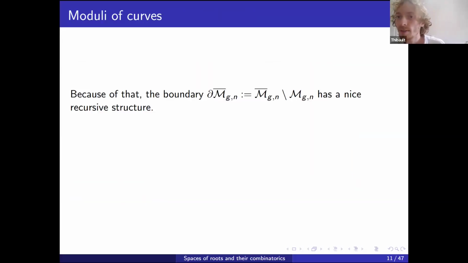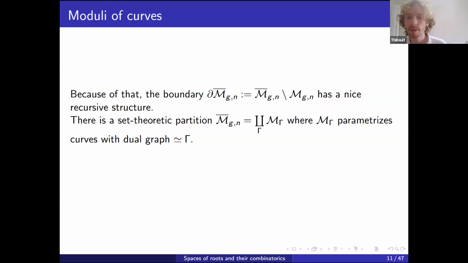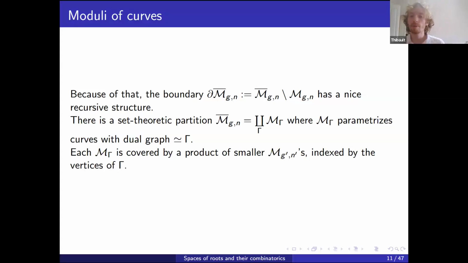And this means that the space parametrizing stable curves, MGN bar, has some sort of recursive structure, right? If I look at the boundary, so the set of curves in it that are not smooth, it's partitioned by graphs, right? I can look at the subspaces in MGN bar where the dual graph is of a fixed isomorphism type. And for each piece of this partition, I can cover that piece by a bunch of smaller MGN bars indexed by the vertices.